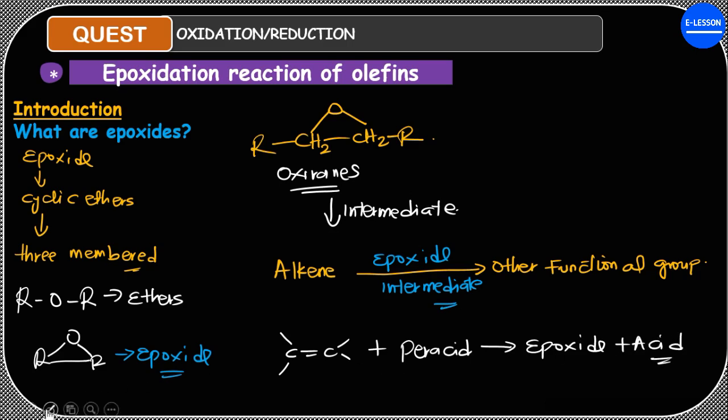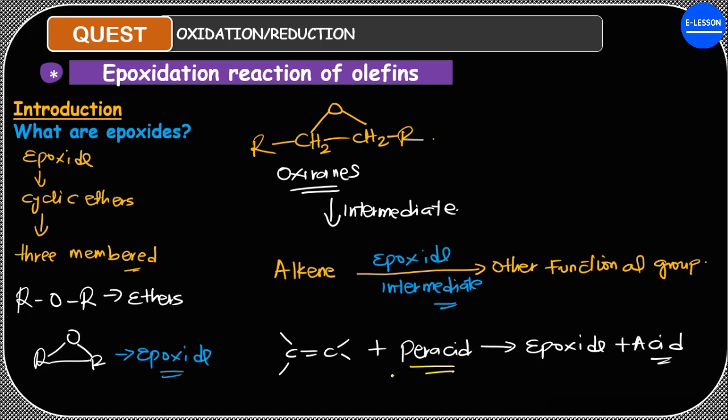Now the question is, what is a peracid? A peracid is a carboxylic acid with one more oxygen than the normal carboxylic acid.